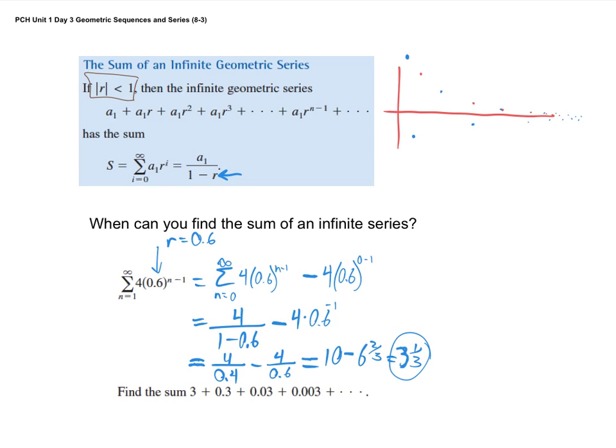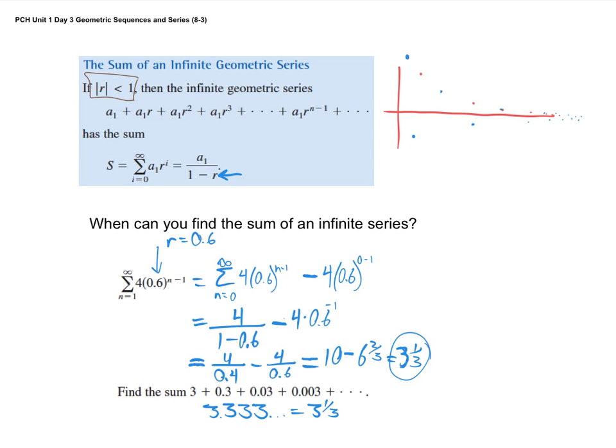Now, some of the geometric sequences or series are a little easier to work with. What's the sum for the last one? 3.3. Yeah, notice it's 3 tenths, 3 hundredths, 3 thousandths, and so on. That's going to be 3 1/3. We could do that using this formula.